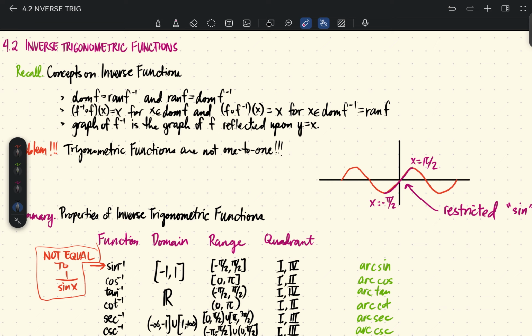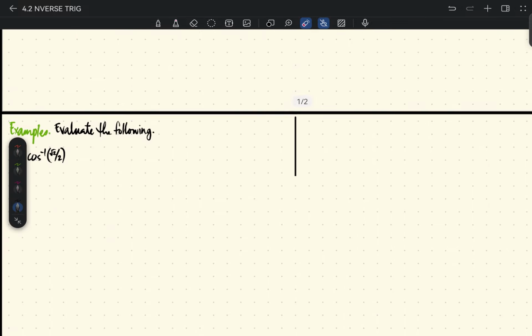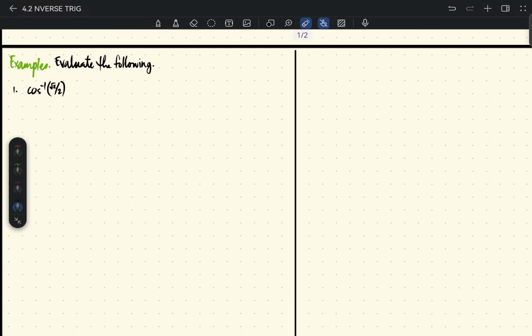So if you have f inverse of x, you can apply f to both sides. And finally, you'll get the one inside, provided that x right here is inside the domain of f inverse. So let's try this example.